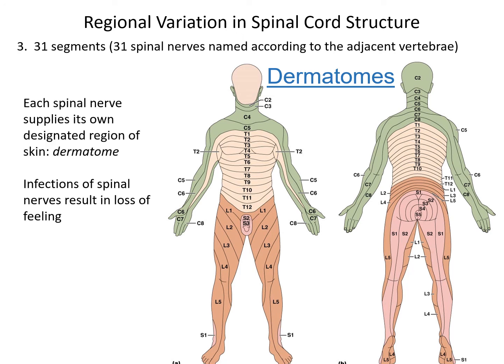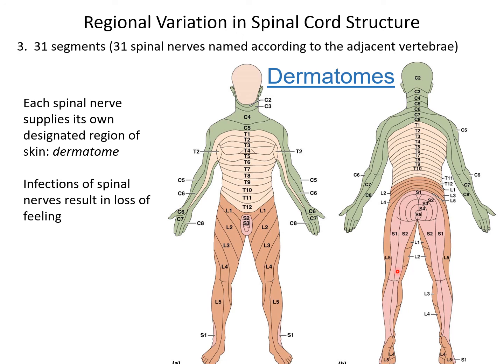Each of the 31 spinal nerves is named according to where it exits the spine. We'll talk about that in a moment, but we can see for now that there are C2, C3, T7, T8, S1, all exiting the spine in a very specific spot.